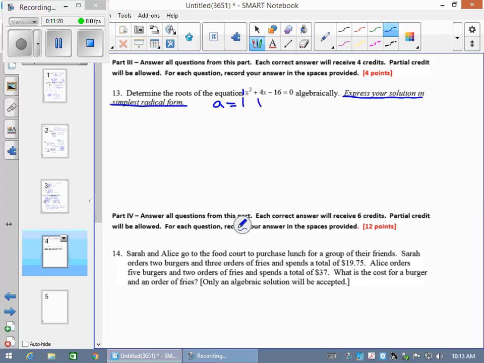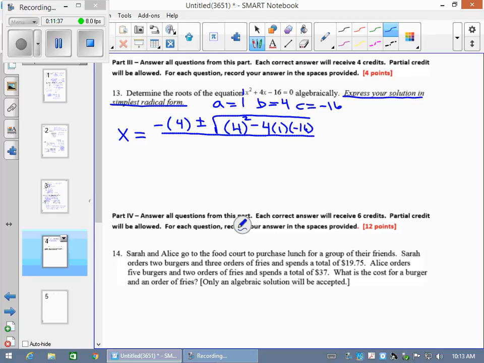So we plug in the quadratic formula. x equals negative b plus or minus the square root of b squared minus 4 times a times c, all over 2 times a. Now I'm going to simplify what I have. So x equals negative 4 plus or minus the square root of 80, divided by 2. Now I have to simplify that radical 80.